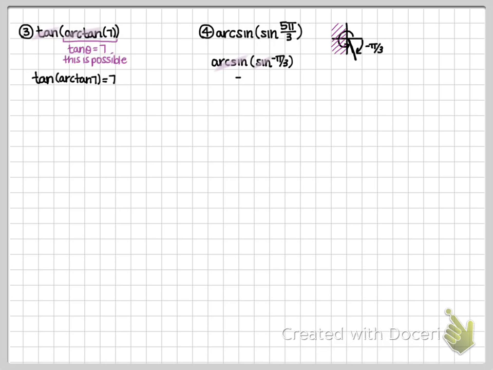So my answer is just going to be negative pi over 3. Notice that it is not 5 pi over 3. 5 pi over 3 would be the incorrect answer because it goes through the shaded area, the restriction for arc sine. So negative pi over 3 is the only correct answer to this question.